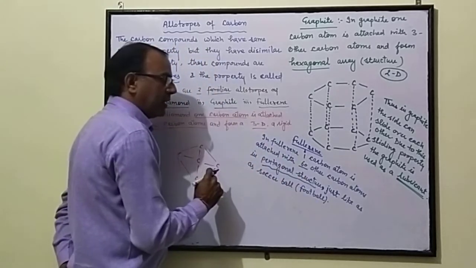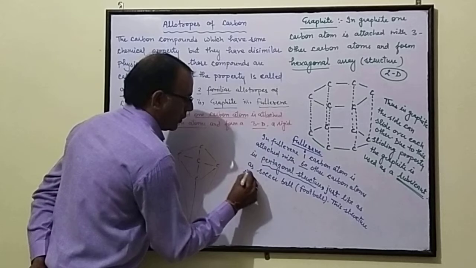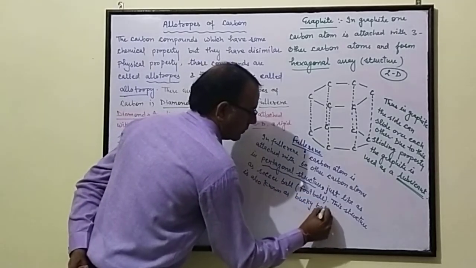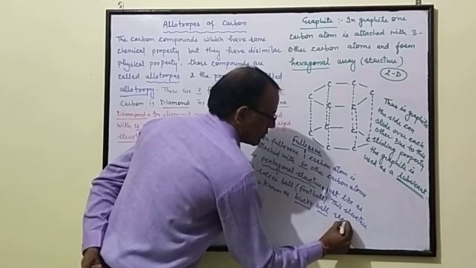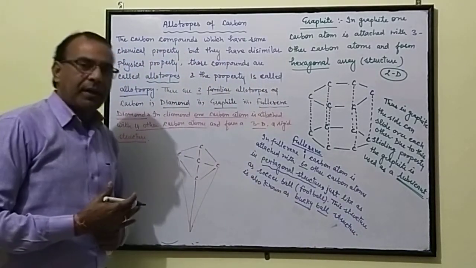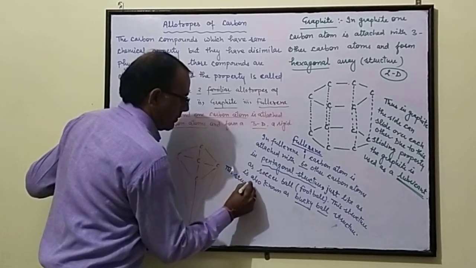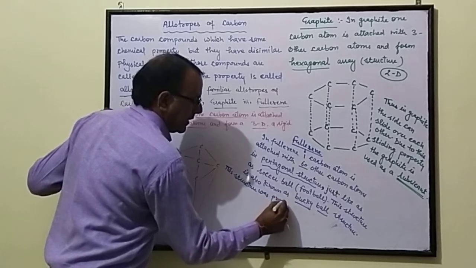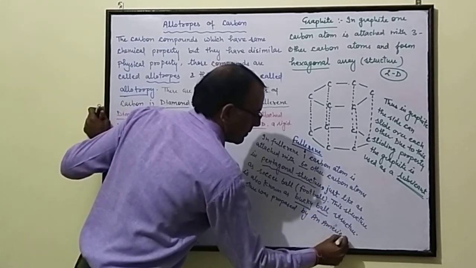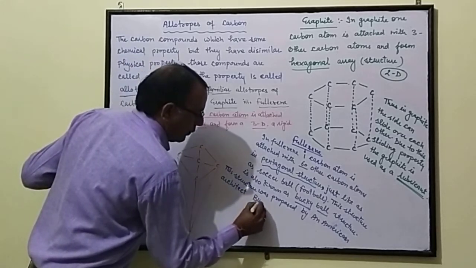This structure is also known as the buckyball structure. This was proposed by an American architect, Buckminster Fuller.